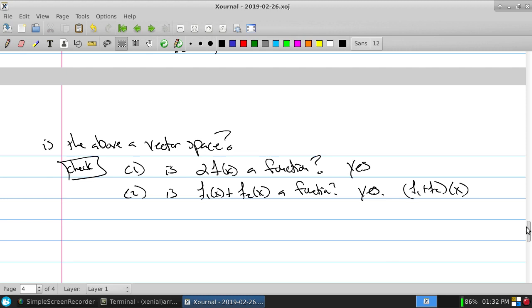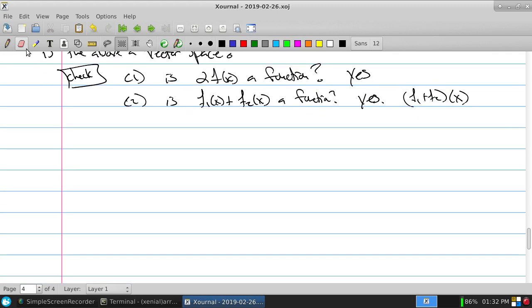And now we get to move on to the operator axioms, A1 through A8. A1. F1 plus F2 of x is what? That was F1 of x plus F2 of x.